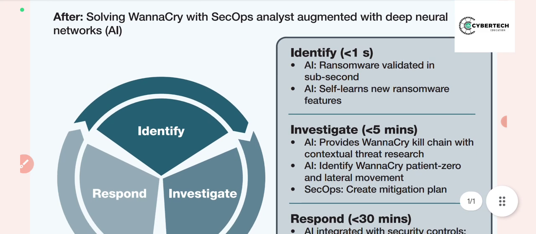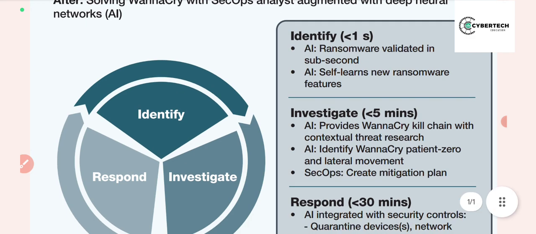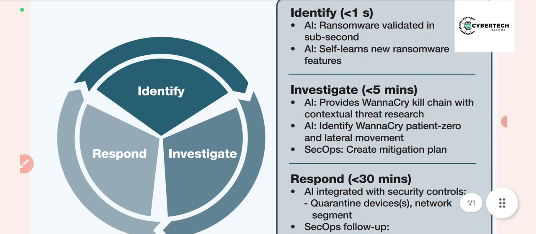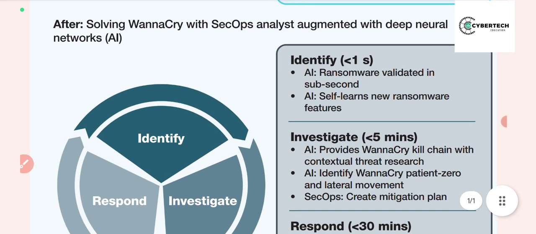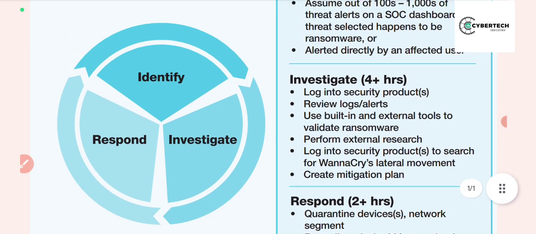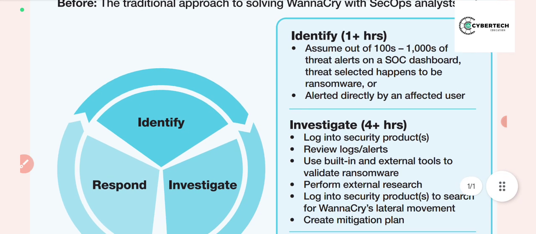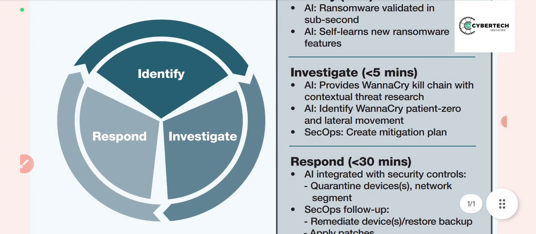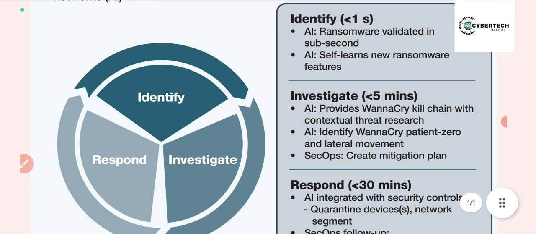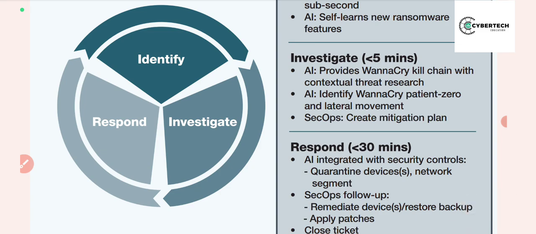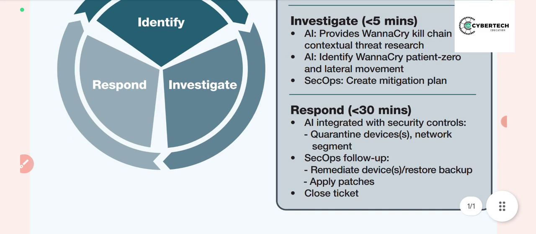Now solving WannaCry with a SecOps analyst augmented with deep neural networks: identifying the ransomware and validating it takes sub-second. The AI self-learns new ransomware features, and then investigates. So this is a comparison between human intervention and AI. The response action takes 1 second to identify, 5 minutes to investigate, and 30 minutes to respond.